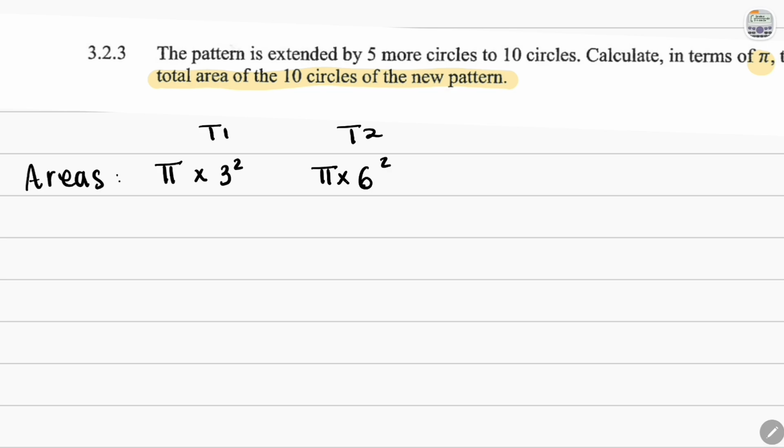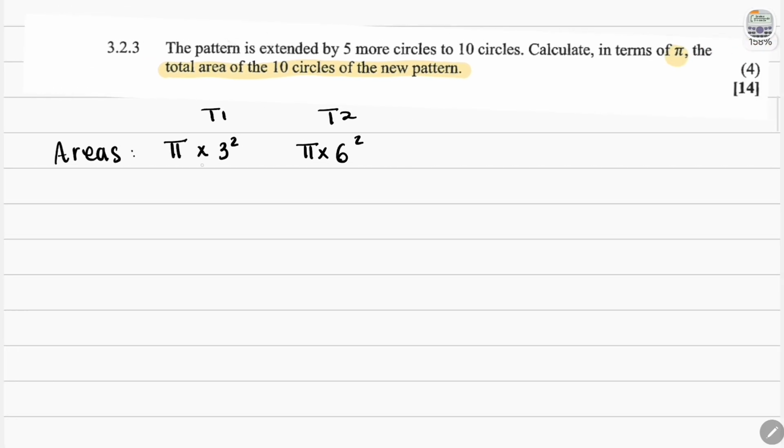And then you could find term 3, but it's not really necessary because this is already enough to find R. We have the value of A, that is term 1, and we just need R. So we would find R by saying term 2 divided by term 1. And so that is pi times 6 squared over pi times 3 squared.